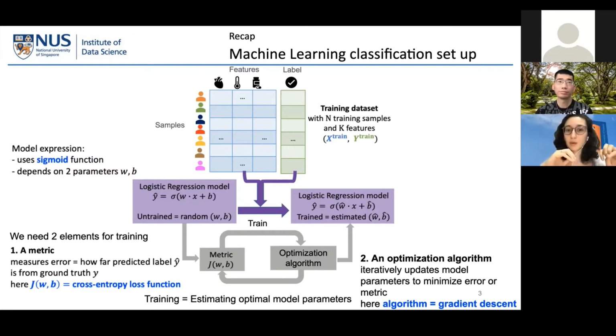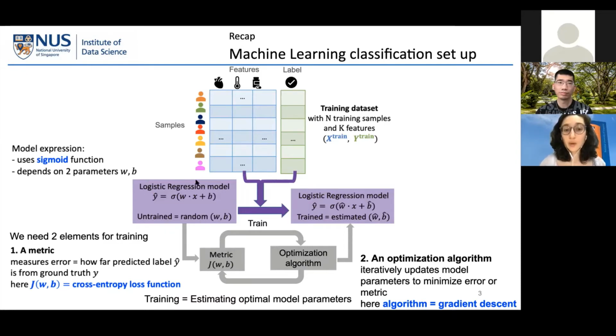So the label has 2 classes, either 0 or 1, like ill or healthy, survived or didn't survive, etc. And in machine learning, here I take again the example of the logistic regression model.